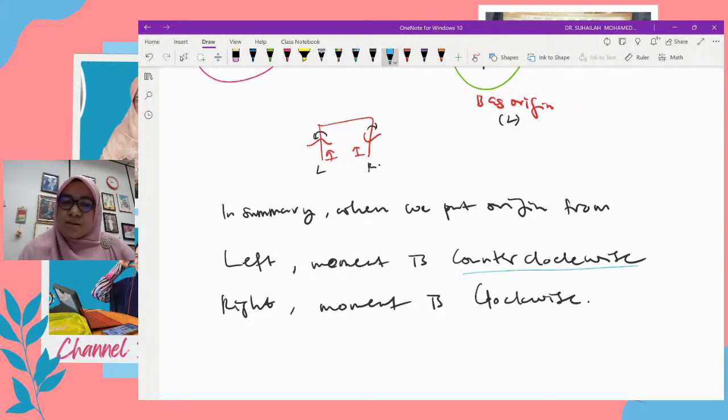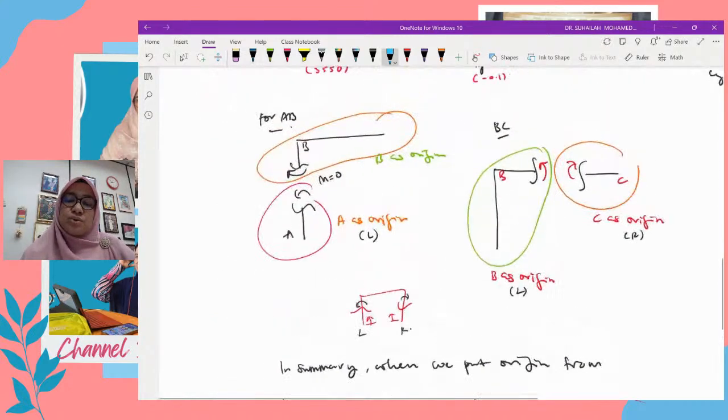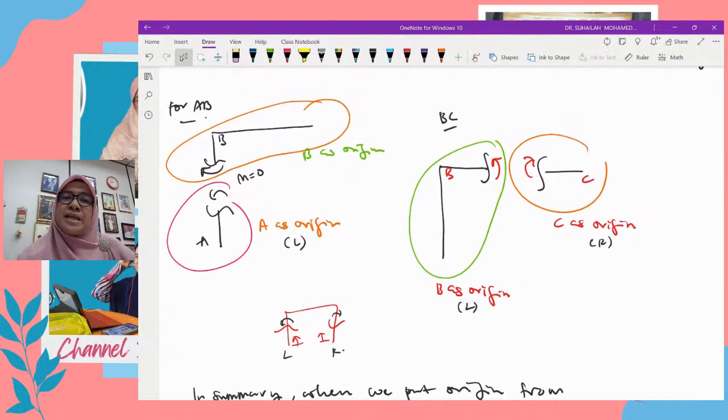Left counterclockwise, right clockwise. So you just need to be careful about the sign convention, because when you use the wrong sign convention, of course you will write the wrong moment equation, and it will give you the wrong reaction or redundant. So be careful with the moment equation.